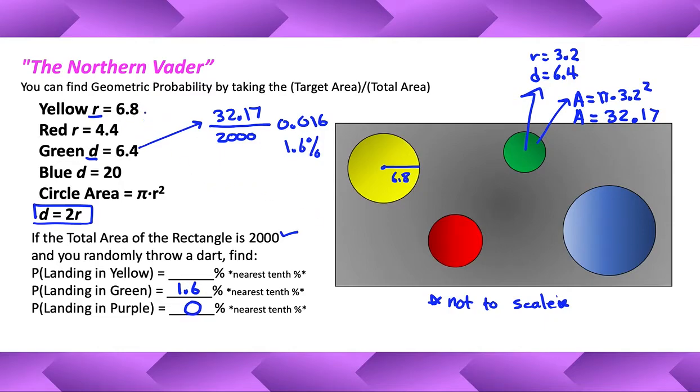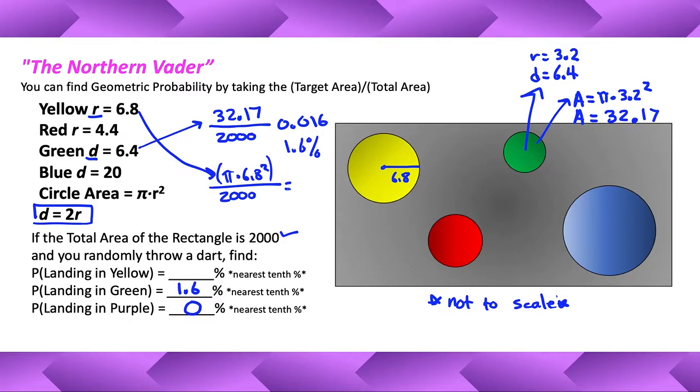Yellow has a radius of 6.8. So I'm just going to type the whole thing out right here for yellow. We'll do yellow's work right here. So pi times 6.8 squared divided by the total, which is 2,000. You could, if you want, do the whole thing in your calculator like so, and jump right to the decimal. So I'm going to go pi, 6.8 squared, and then divide by 2,000.